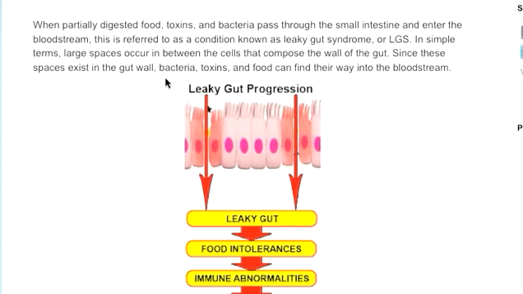Now, why do these spaces exist in the wall of the gut, and why do they let food through? Well, for one, your organs and the membranes of your organs are made up of cells, just like your entire body is made up of cells, and those cells sometimes have spaces in them.